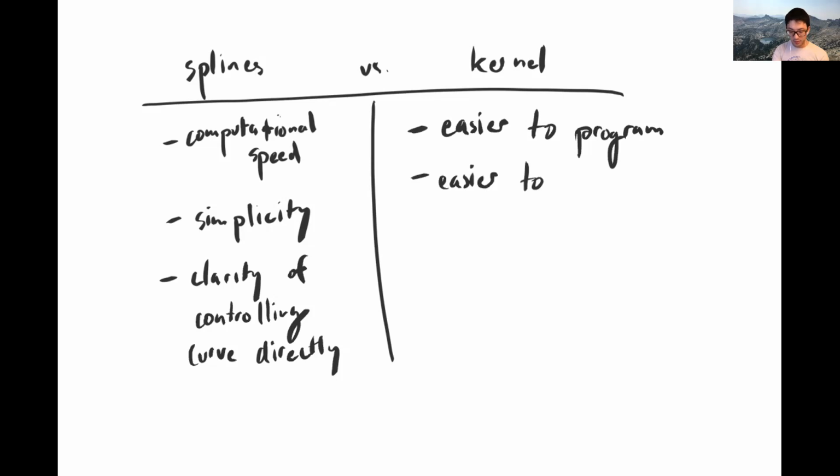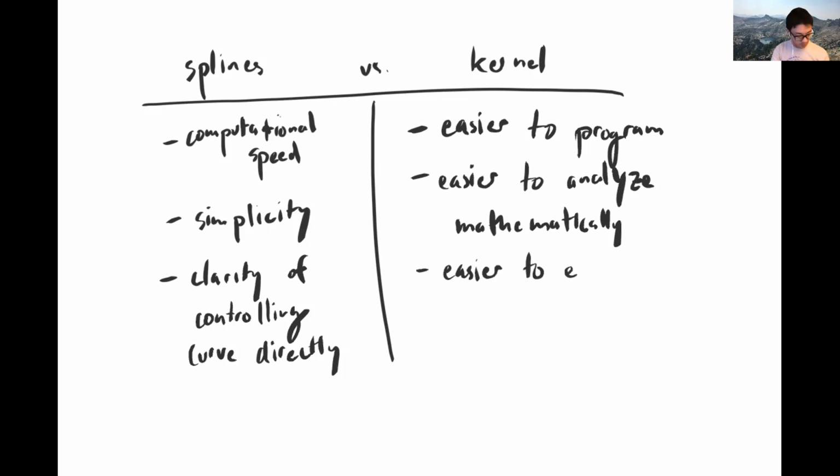easier to analyze mathematically, right? You don't have to deal with any crazy basis transformation functions that get plugged into your linear regression equation. It's just that simple kernel equation.